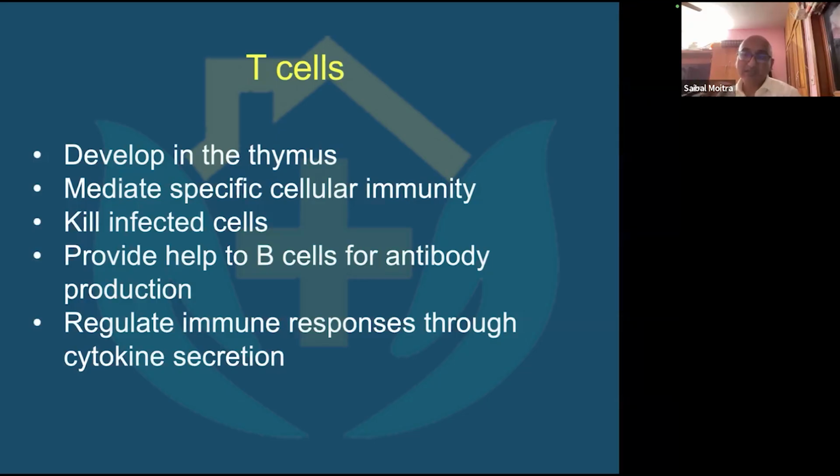And in the medulla, what happens? There is another interesting cell called the medullary thymic epithelial cells, mTECs. They have a very unique gene, called the AIRE gene, also known as the autoimmune regulator gene. Because of this gene, the mTECs produce various tissue-specific antigens, also called tissue-restricted antigens, TRAs, and display them on their surfaces.